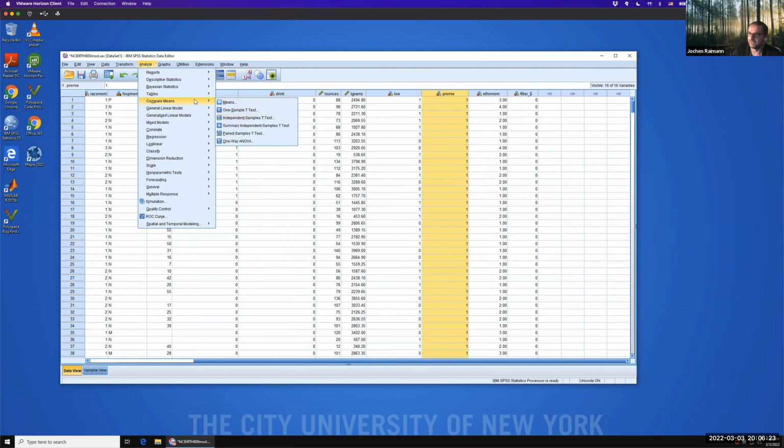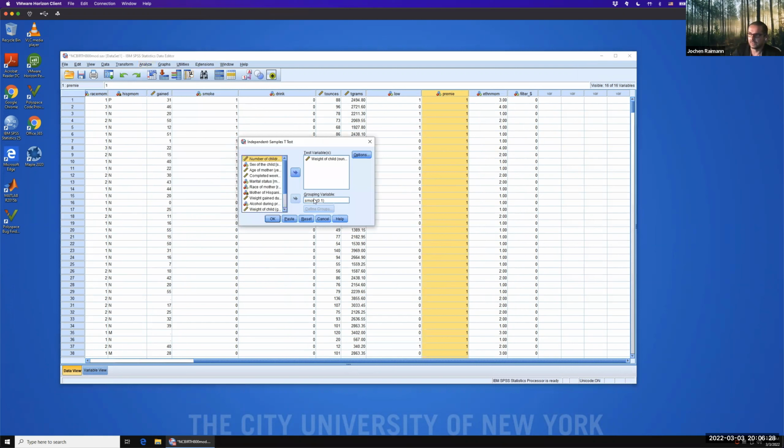So you go on compare means, you go on independent samples t-test, and you choose weight of the child as a function of the grouping variable, which is your smoking yes, no. As you can see, this is coded as either a 1 or a 0.